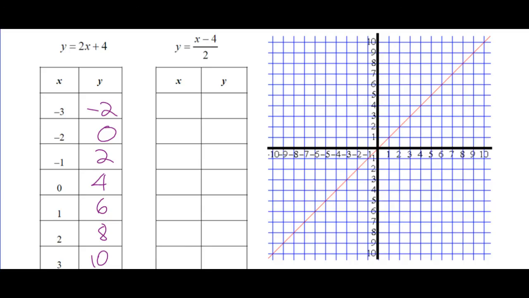And for the inverse, I'm not going to work out values, I'm just going to interchange them. So this is negative 2, negative 3; 0, negative 2; 2, negative 1; 4, 0; 6, 1; 8, 2; 10, 3.